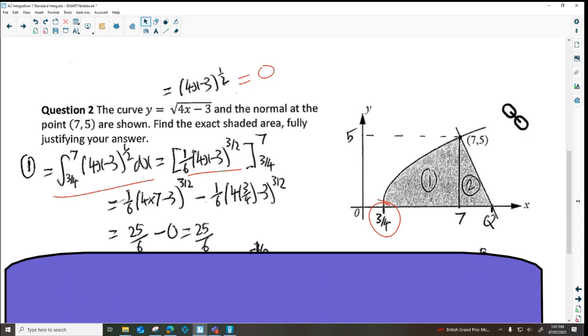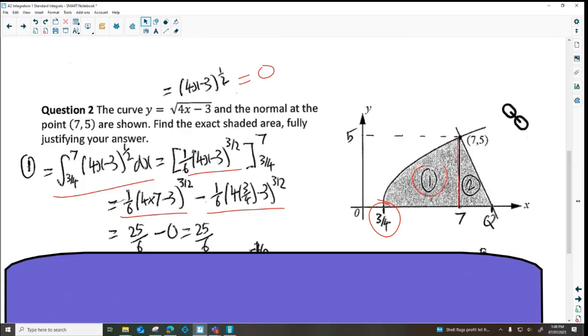The new power times the differential of the bracket is 3/2 times 4, which is 6, so it's 1/6, between 7 and 3/4. If you then sub in x is 7 and x is 3/4, you can use your calculator, you'll get 25/6, take away 0, which is 25/6. So I've now worked out area 1.